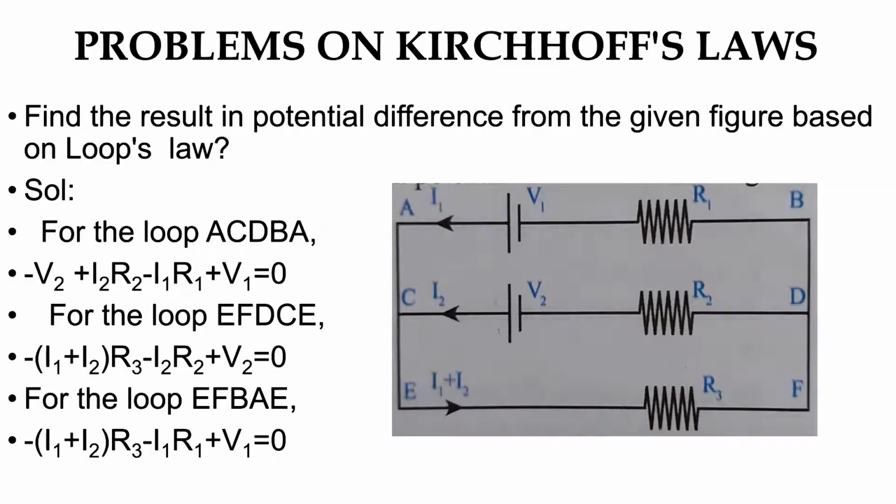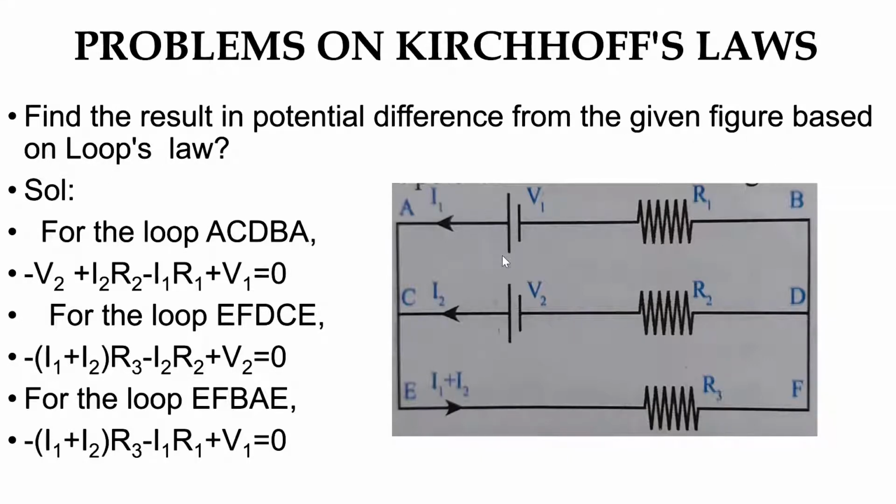Before moving on to this problem, children, I would just like to brush up that the EMF of the battery is taken as negative when we move from positive terminal to negative terminal, and it is taken as positive when we move across the battery from negative terminal to positive terminal. Like here you are seeing across V1, right?